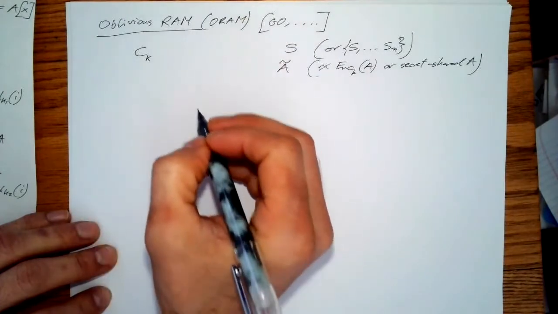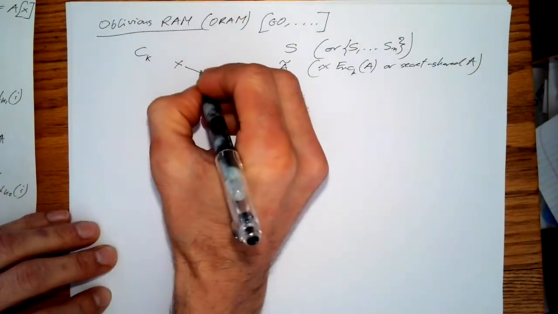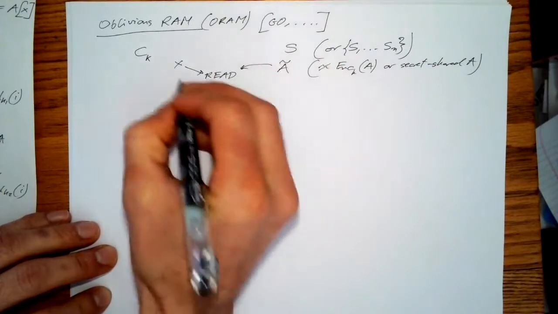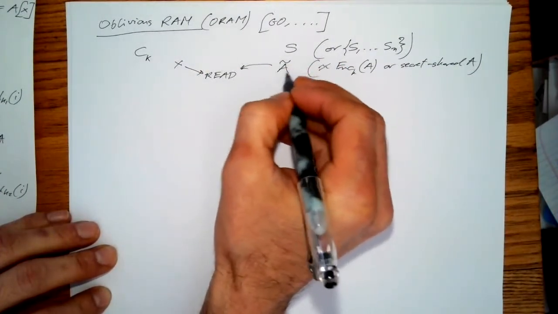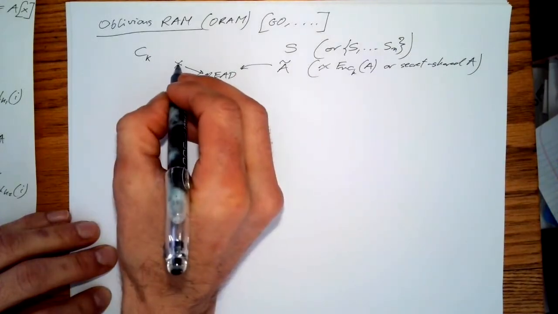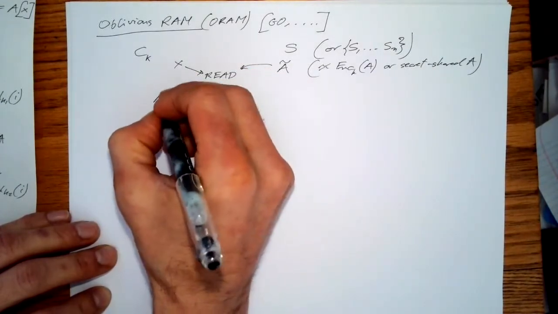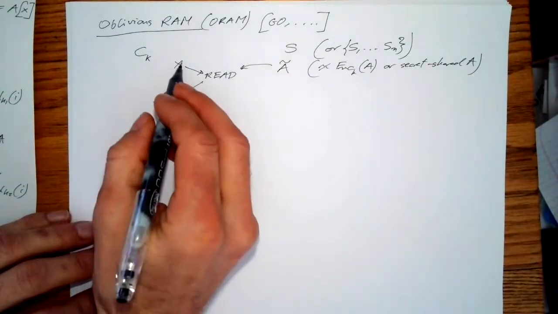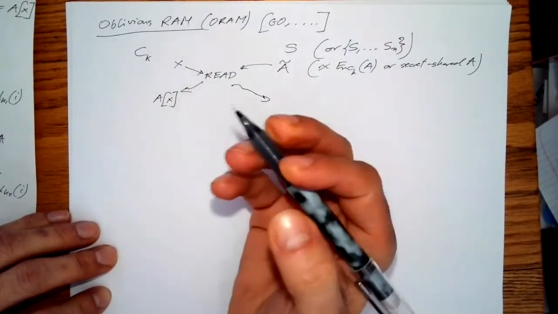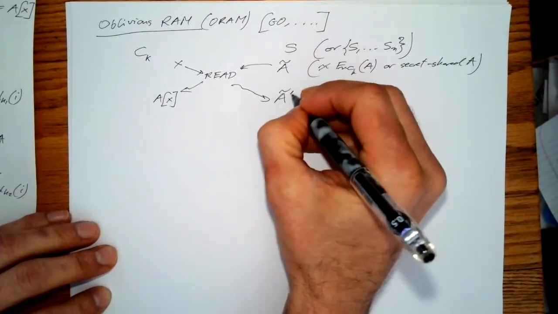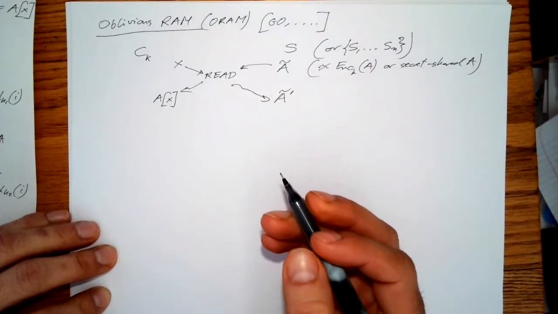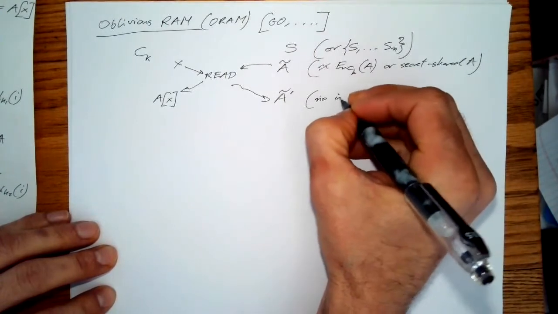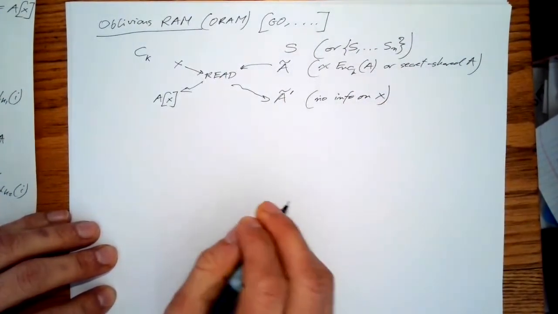When the client wants to read, there is a read operation where they perform some protocol on this encrypted or secret shared memory and the client's location X, where the client retrieves the plaintext value of the memory at that index, and the servers perhaps get a re-encryption or re-sharing of the array, but no info on X.